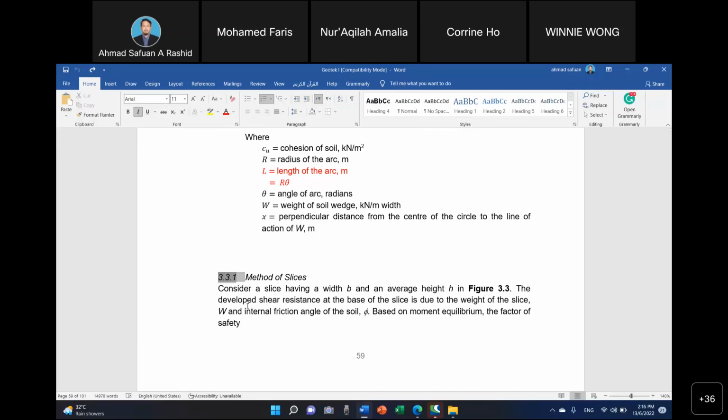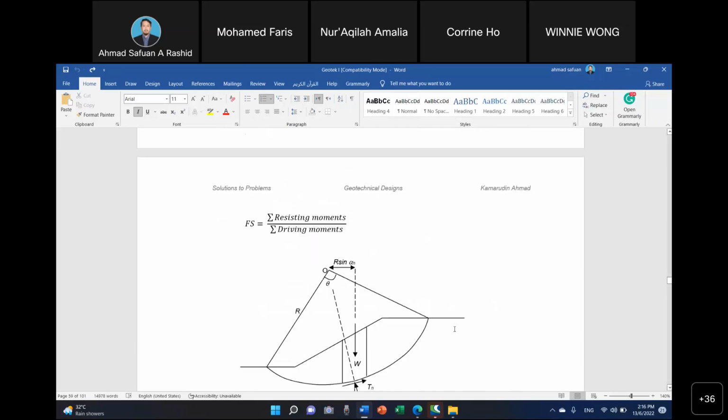The developed shear resistance at the base of the slice is due to the width of the slice and the internal friction angle, based on moment equilibrium. The factor of safety, based on the method of slices, is the resisting moment over the driving moment.